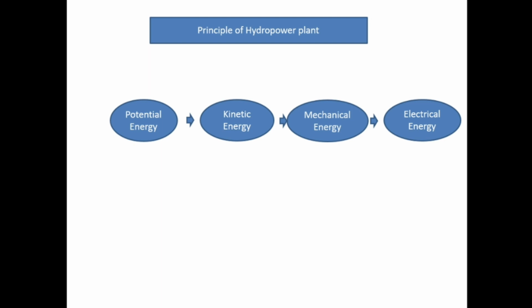When water moves towards the turbine, potential energy converts to kinetic energy. When water strikes the turbine, kinetic energy converts to mechanical energy. When the turbine spins, mechanical energy converts to electrical energy.